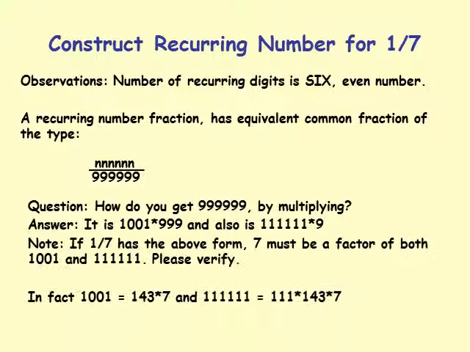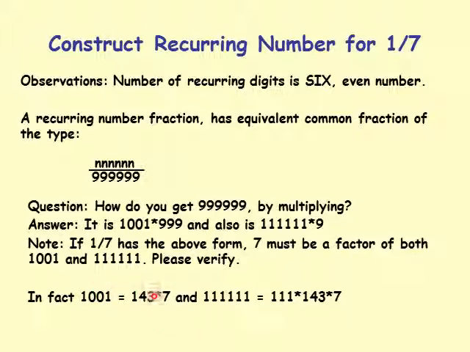Okay, let's continue here. If 1 over 7 has the above form, 7 must be a factor of both 1001 and 111111. Please go ahead and verify. It is a factor. In fact, 1001 is 143 times 7, and 111111 is 111 times 143 times 7.